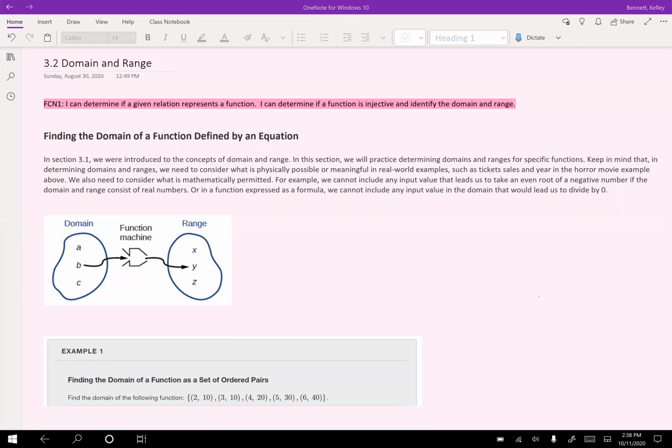So to define the domain of a function defined by an equation, we're really just looking at the input values. So we saw functions represented as kind of these oval blobs mapping from the first blob, which was the domain, into the second blob, which was the range. So let's do an example of that, right?